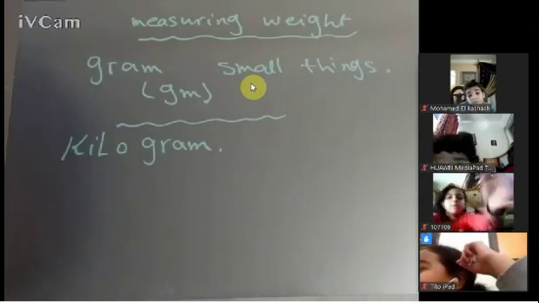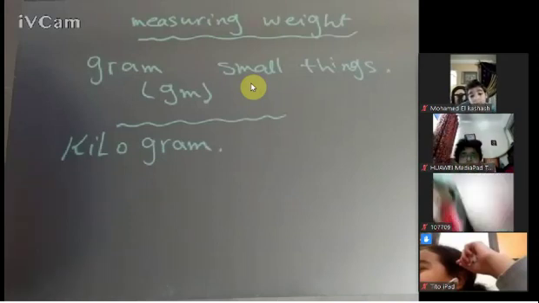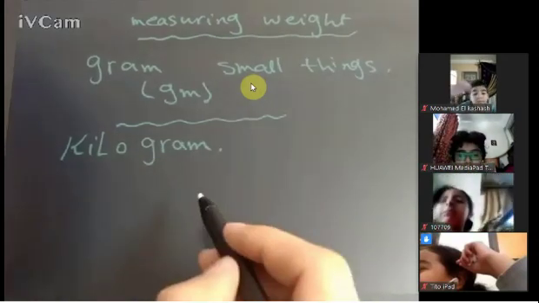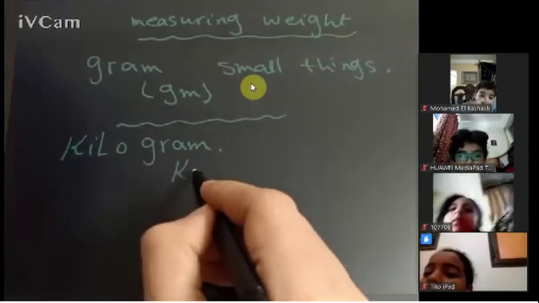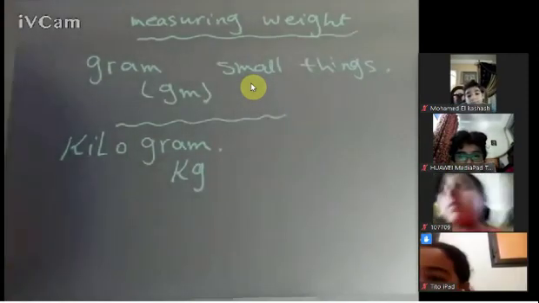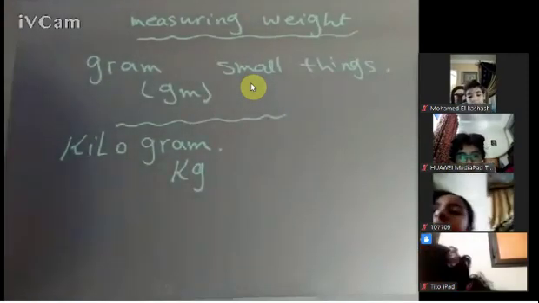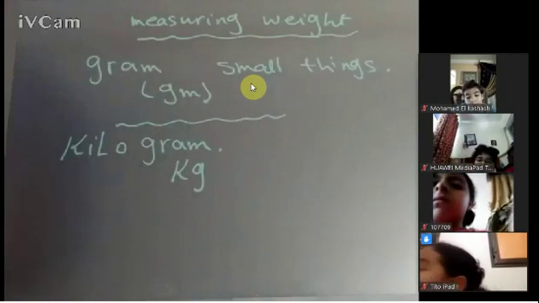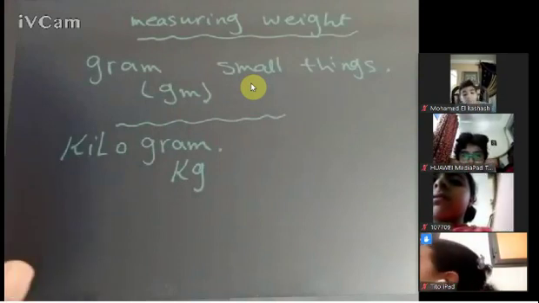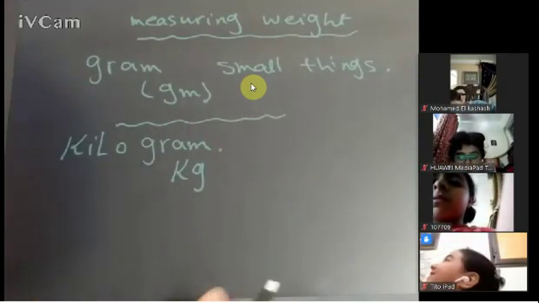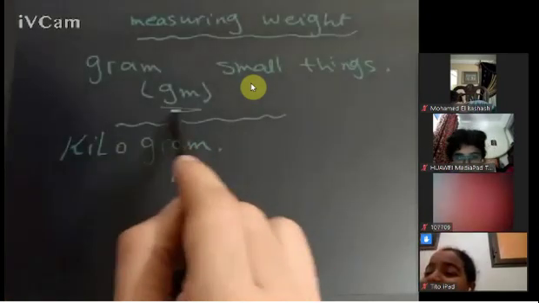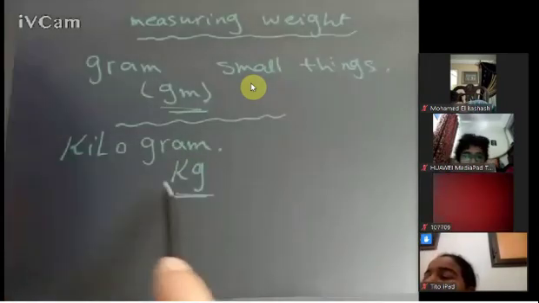So when we buy food, we say it with kilogram and we write it like kg. This is for the bigger things, not something so heavy, something medium like the food. So we have 2 units until now, gram and kilogram.